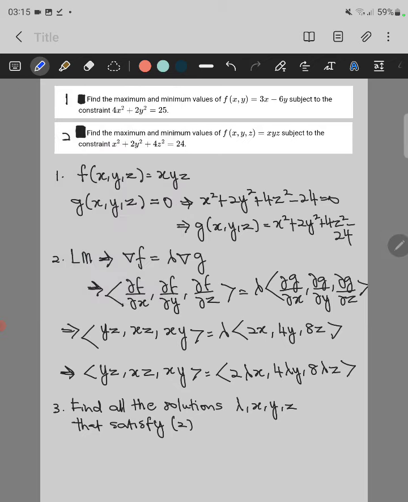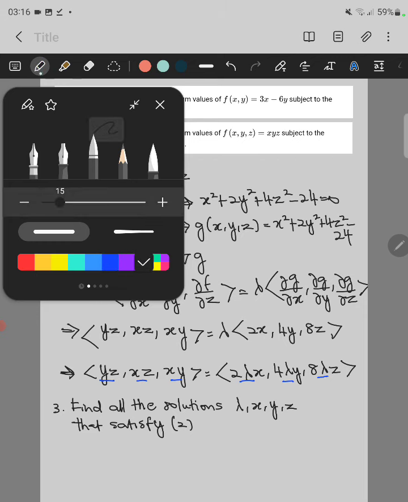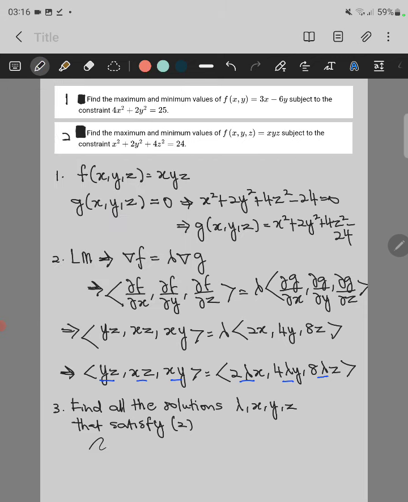we need to compare, because we have a vector. For the I component, we compare with the I component, J component with J component, and the K component with the K component. So from here we have yz equals 2 lambda x.